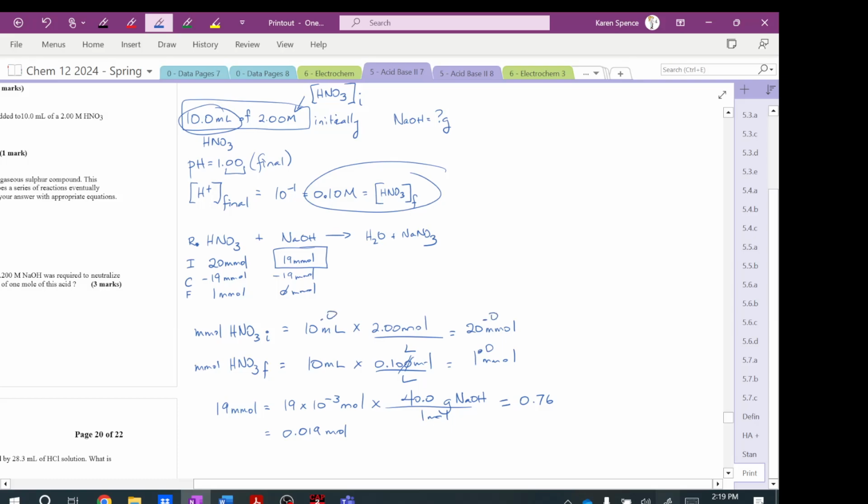That gives me 20.0. So 20.0 minus 1.0 is 19.0, so that's 3 sig figs, so 0.760 grams.